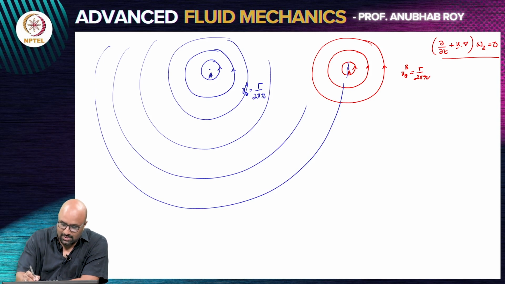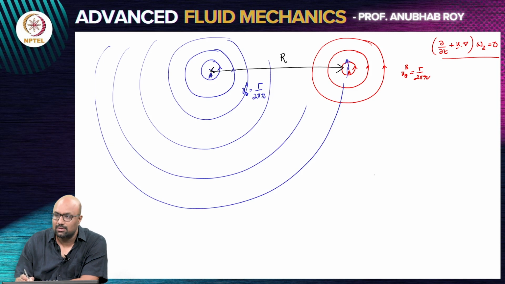So what you see for vortex A here is that it is experiencing a velocity. So if this separation is, let's say, capital R, the velocity that vortex B experiences, so u theta at r equals capital R, which is due to the velocity from the vortex A, is going to be gamma by 2 pi capital R in the theta direction, right?